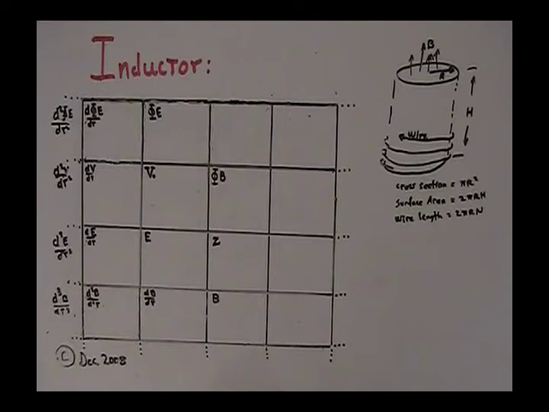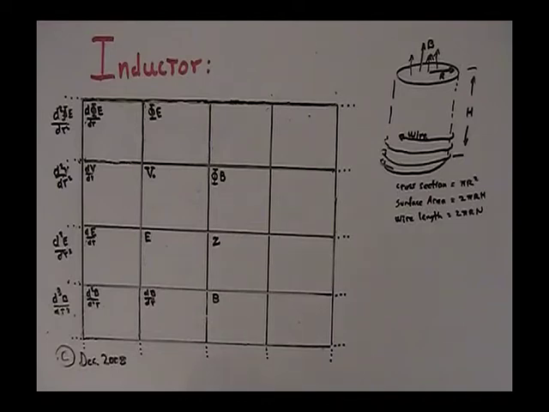And that allows us to write flux E equals mu naught 2 pi r n squared over 4 pi n dI naught dt. And we'll fill that in this box here.